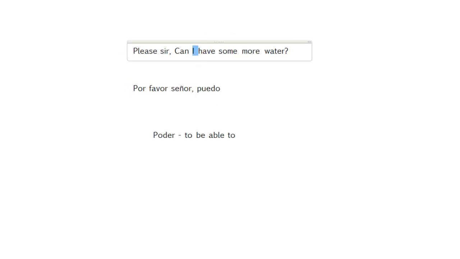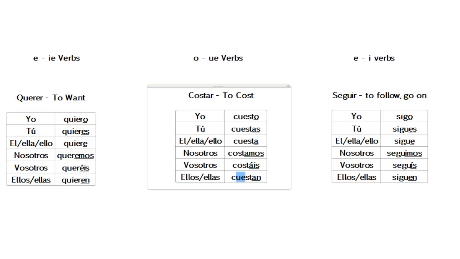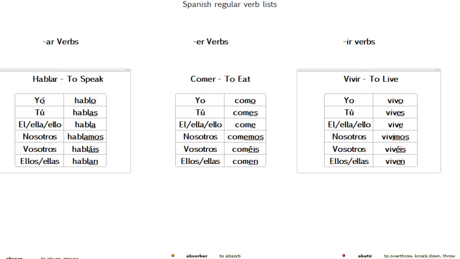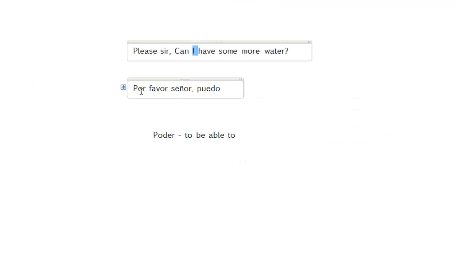If you remember on our grammar and regular verbs, this yo, we have o. Okay, that's the important thing to remember. The yo is o. Yo o. So yo, so puedo, can I? Now remember, this is a question, so it's going to be intonation, right?